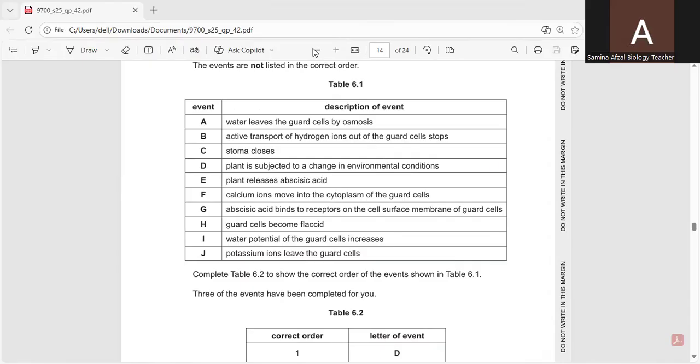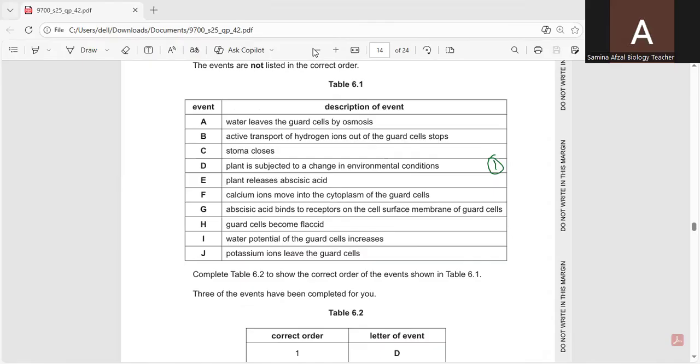So it will be at 1. When there is a change in the environmental condition, this is the initial stimulus. It can be drought, it can be high temperature that triggers.